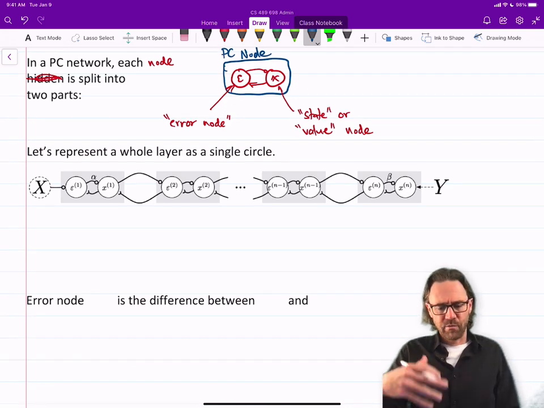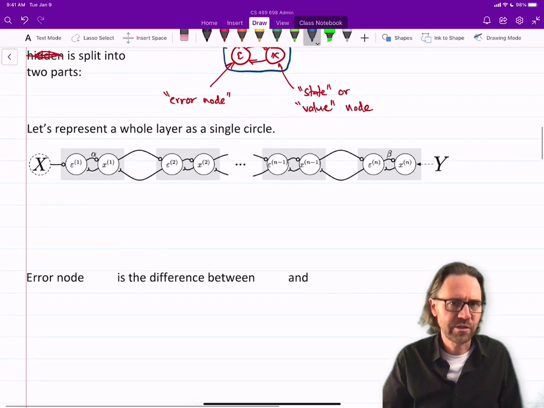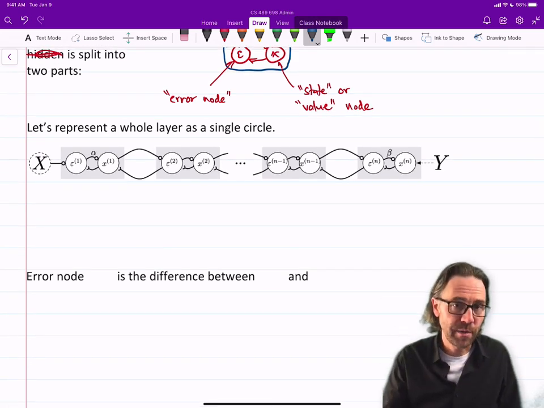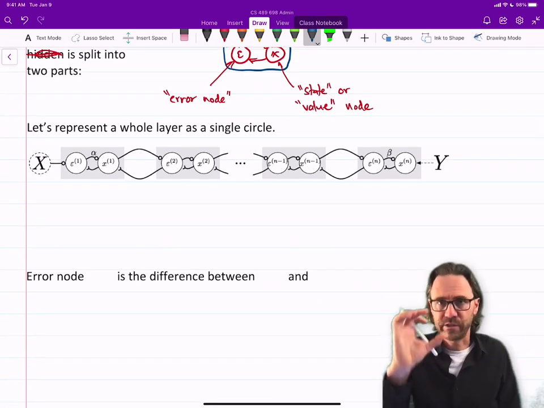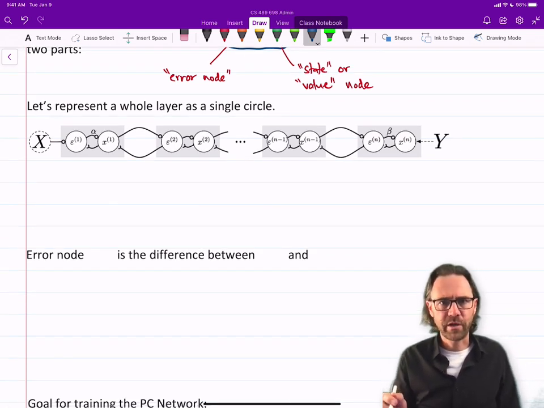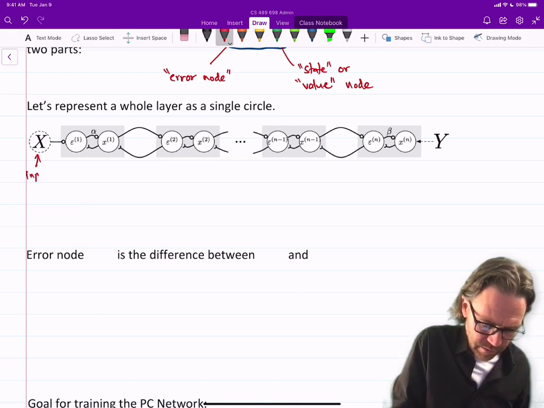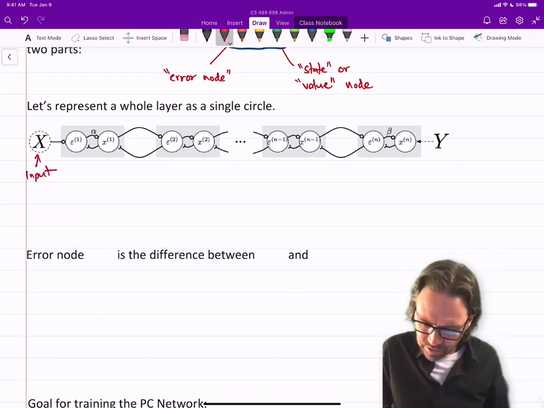So what we'll do, just like we often do with neural networks, is we don't know how many nodes are going to be in each layer, so let's represent each layer as a single circle. And so here's a whole predictive coding network. You can see there's input here, and up at the top there's a target.